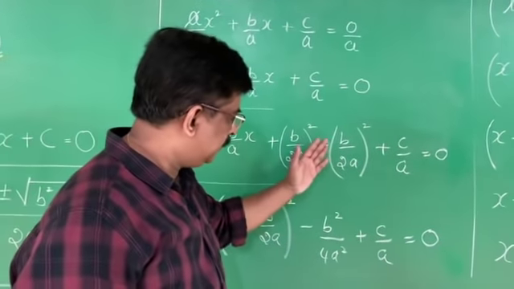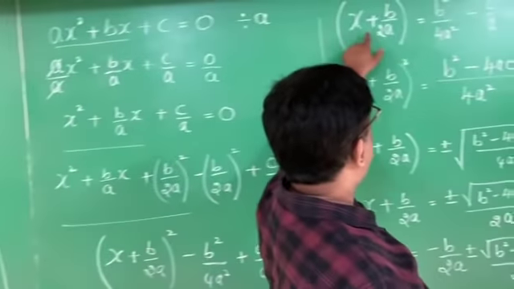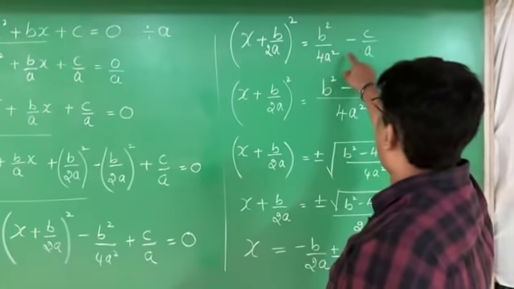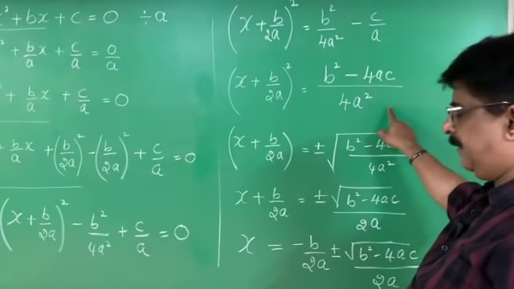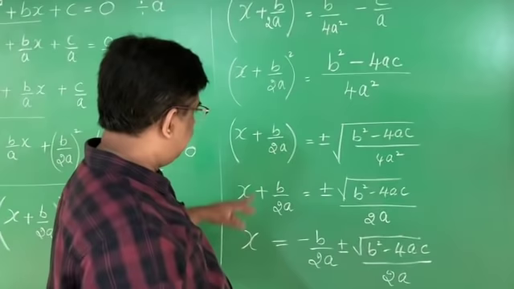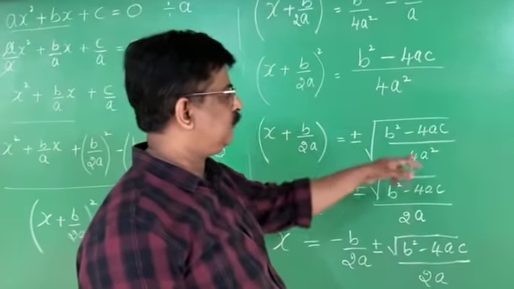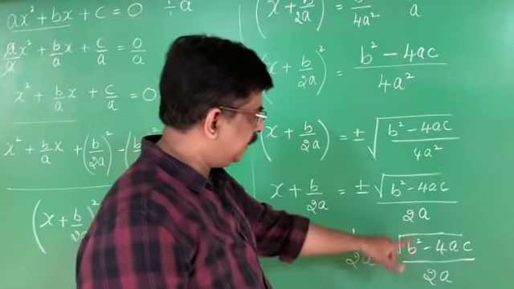Then these two terms I transfer to that side. Then it becomes x plus b by 2a whole square is equal to b square by 4a square minus c by a. Simplify by taking the LCM. Once you take the LCM, then you can understand x plus b by 2a is equal to plus or minus square root of b square minus 4ac divided by 4a square. 4a square there is a root, that is 2a.